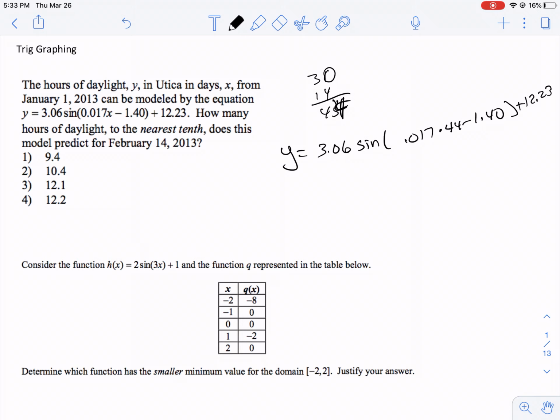Make sure our calculator is in radian mode, and we're going to type that in. 3.06 sine parentheses 0.017 times 44 minus 1.4 end parentheses plus 12.23, and I'm coming out with 10.37. So to the nearest tenth, that would be choice number 2.